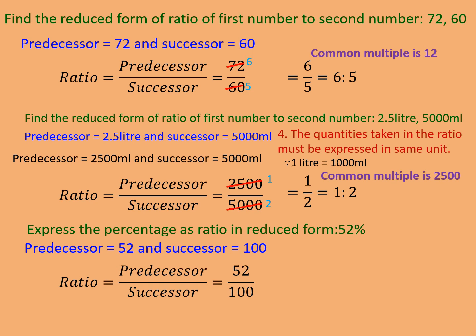Now when I convert them into fraction form, I'll get 52 upon 100. I will reduce them, so I'll get 13 upon 25. So the ratio will be 13 upon 25, that is 13:25. Clear? And the common multiple is 4. I hope both concepts are clear to you all.